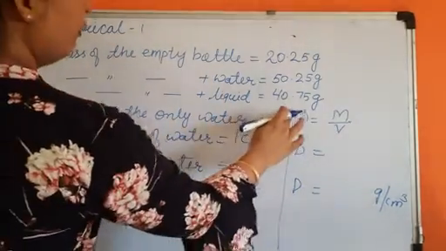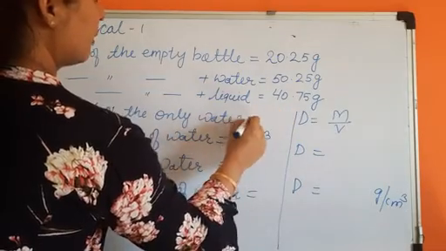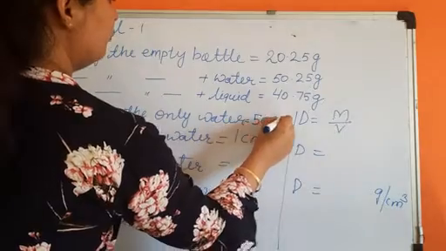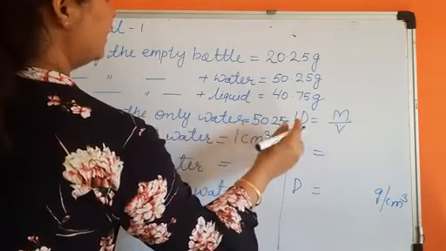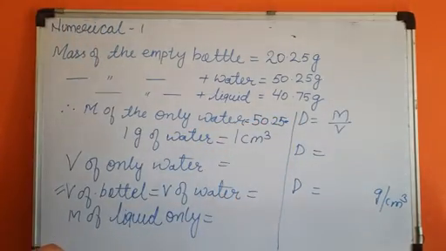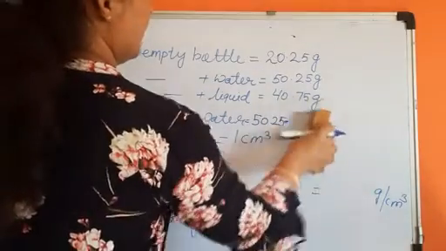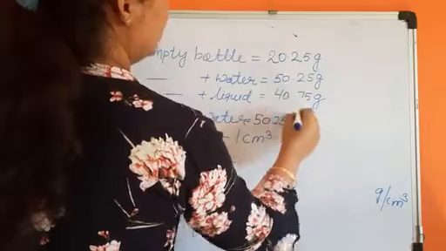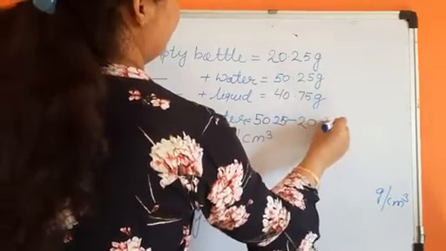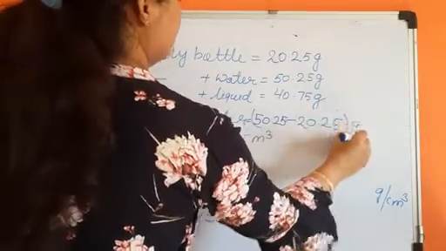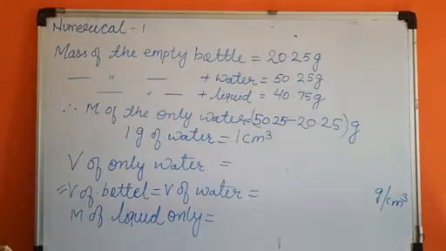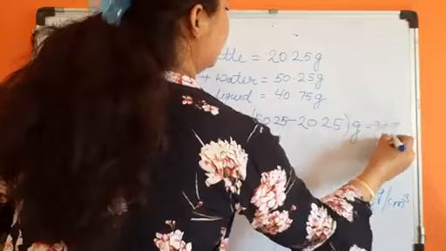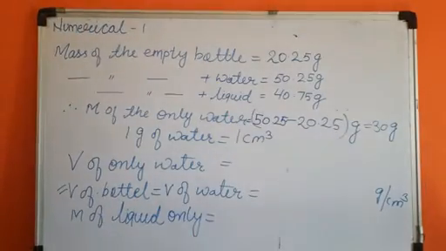So 50.25 minus 20.25 grams. Here you will get 30 grams. It is 30 grams.